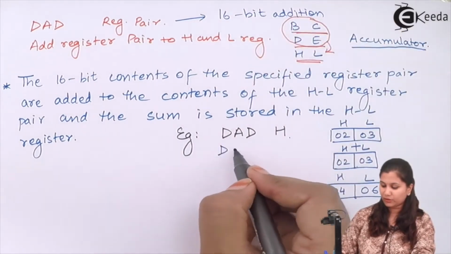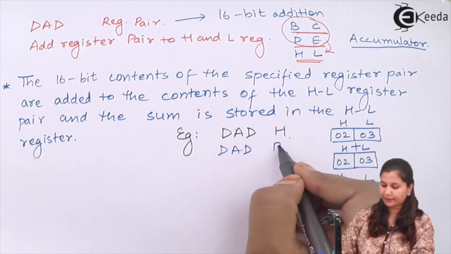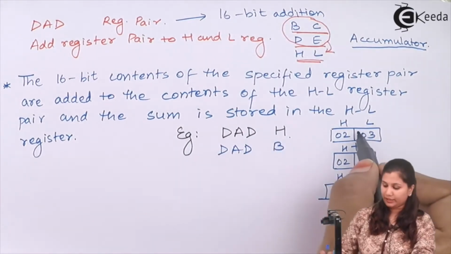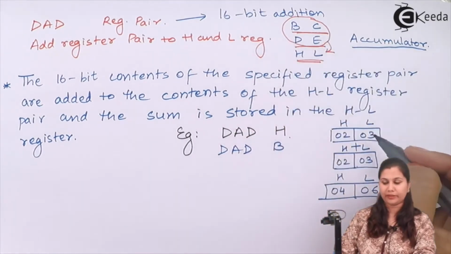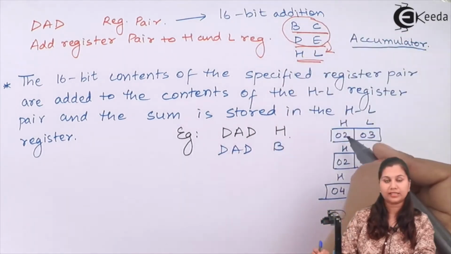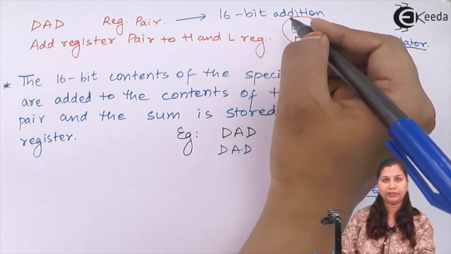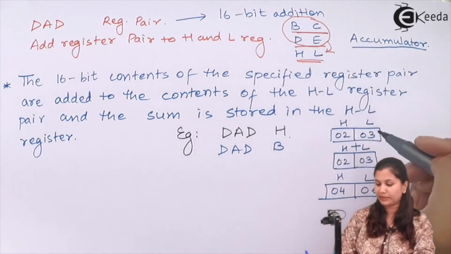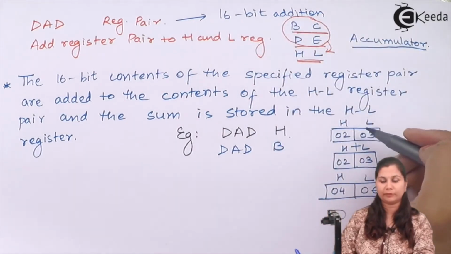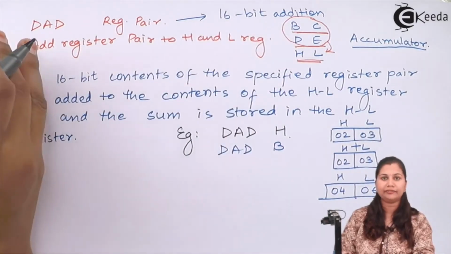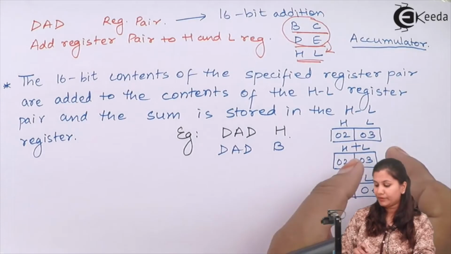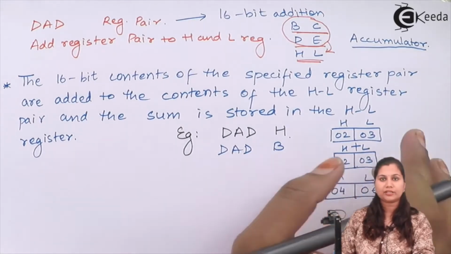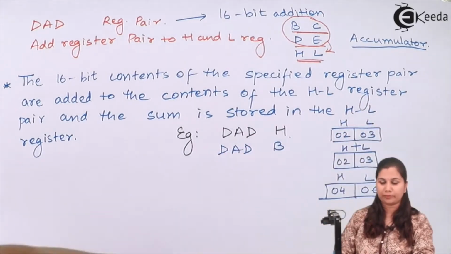Now suppose we have DAD B, then the HL register pair will be added with the BC register pair: L will be added with C and H will be added with B. Higher order registers will be added and lower order registers will be added, and accordingly if the carry is generated, then the carry flag will be modified, and the result of the addition is stored in the HL register pair only.